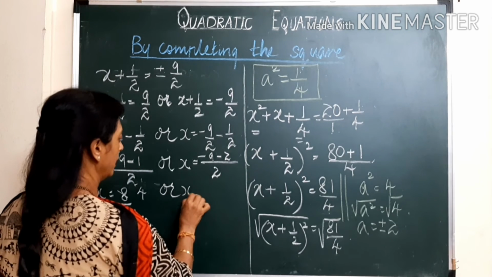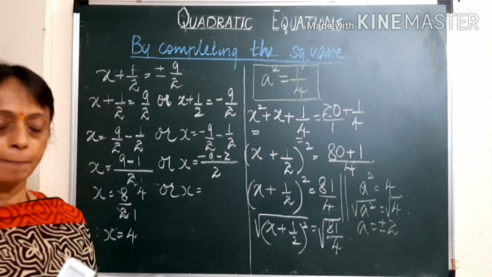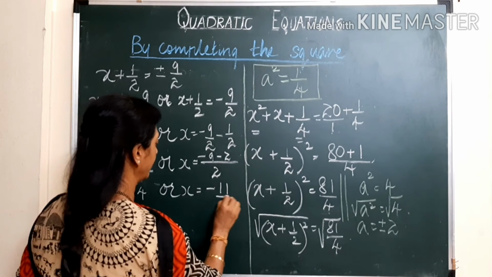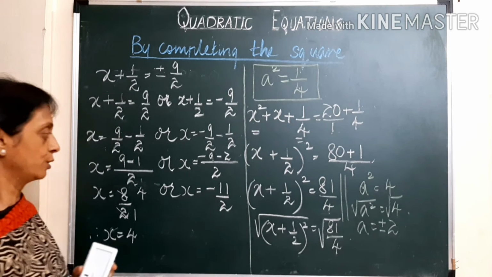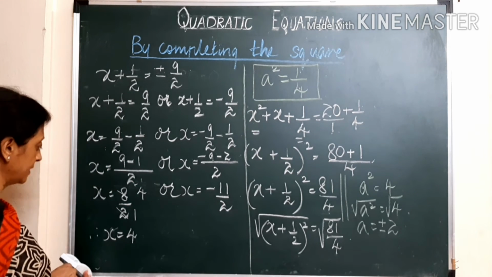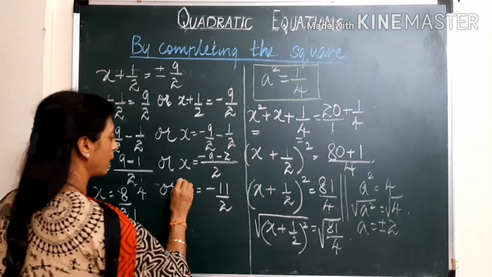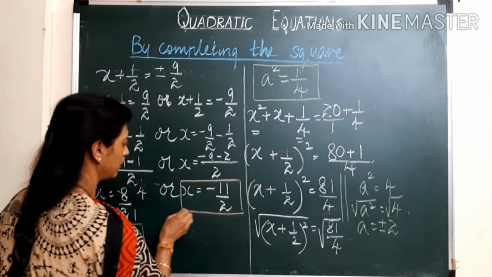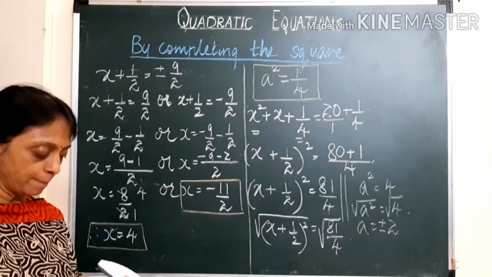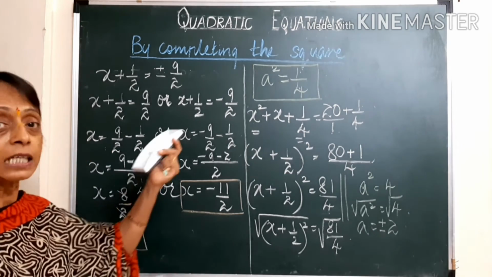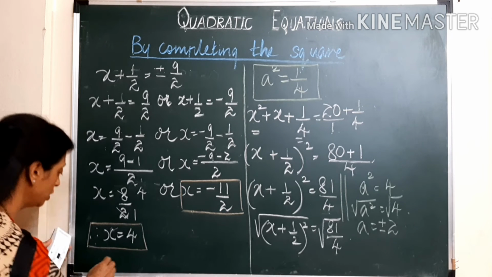So therefore, x will be equal to minus 9 minus 2 gives you minus 11 upon 2. So what are the two values of x that you get? x is equal to 4 or x is equal to minus 11 upon 2. These are the roots of the given quadratic equation.